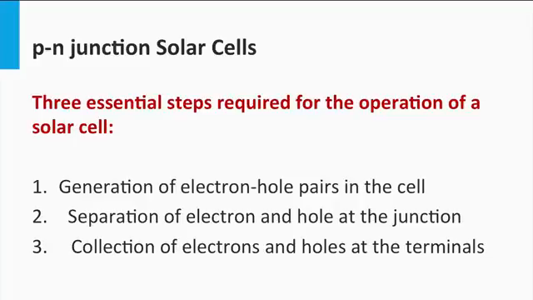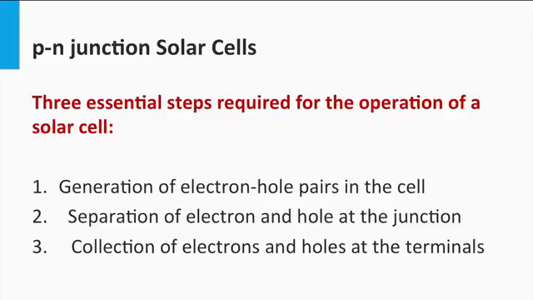Step 1 takes place in the semiconductor material, step 2 occurs at the space charge region, and step 3 takes place at the terminals. We now are familiar with the working principle of a solar cell. Under week 2, you will find a collection of exercises which helps you further in the understanding of semiconductor materials, charge carrier transport, and p-n junction.